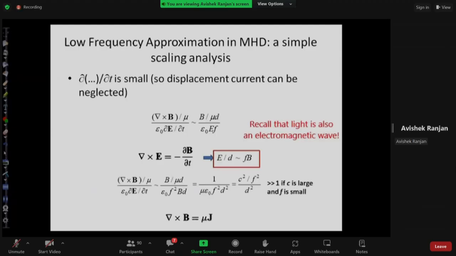Now if c is very large, which as you know is quite large in most of our applications, it is safe to assume. Similarly, if f is small, then even then it's safe to assume that the term below is much smaller than the term above, and therefore it can be ignored, making these equations Ampere's law. This term which we have ignored is called Maxwell's correction.